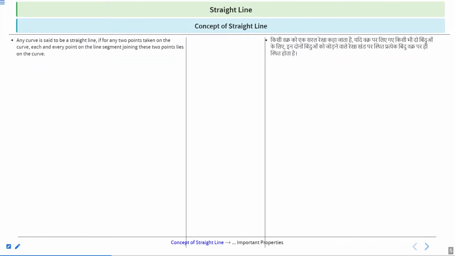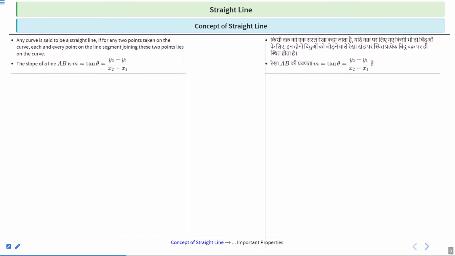Okay, let's start with the concept of a straight line. Any curve is said to be a straight line if for any 2 points taken on the curve, each and every point on the line segment joining these 2 points lies on the curve, right?